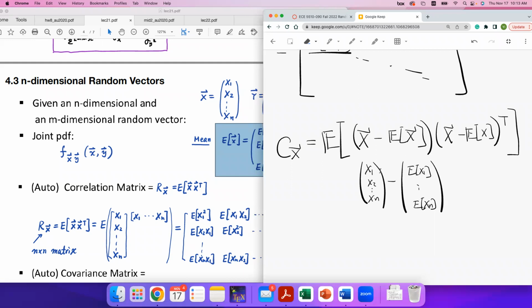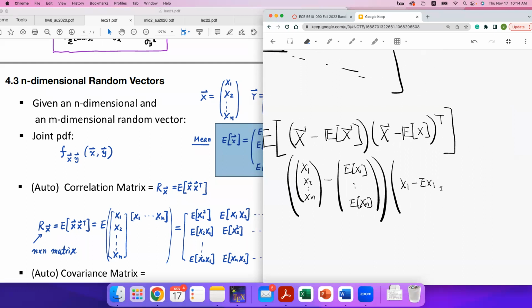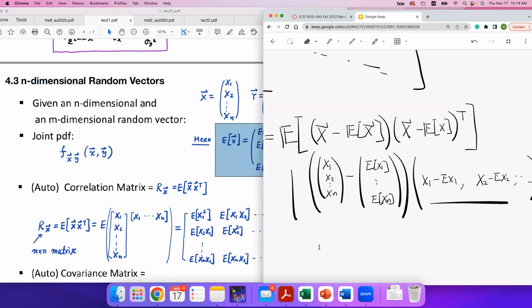In the end, it is a column vector. Right? So this is the first term. Now the second term is the transpose of this column vector, so it is a row vector. This is a column vector.